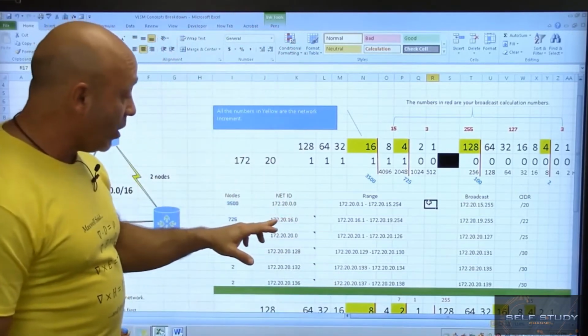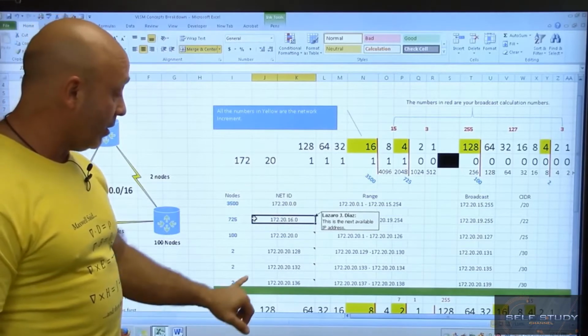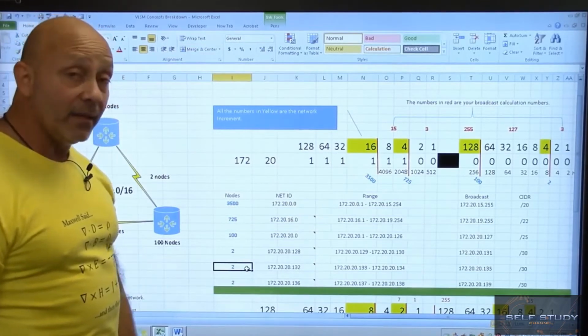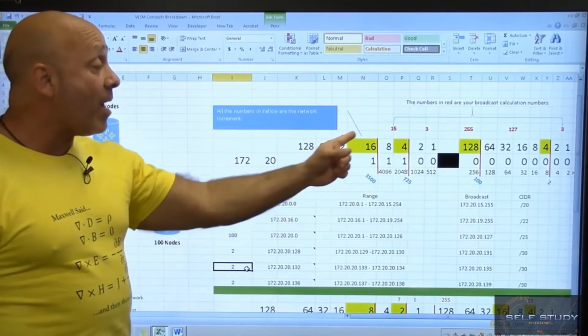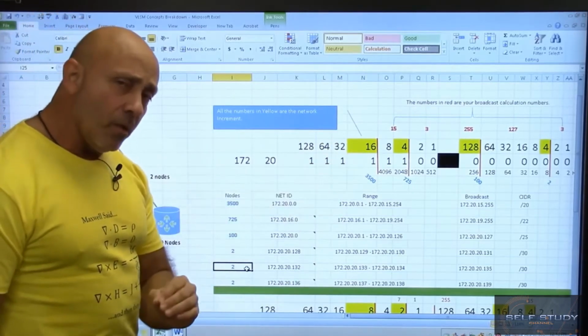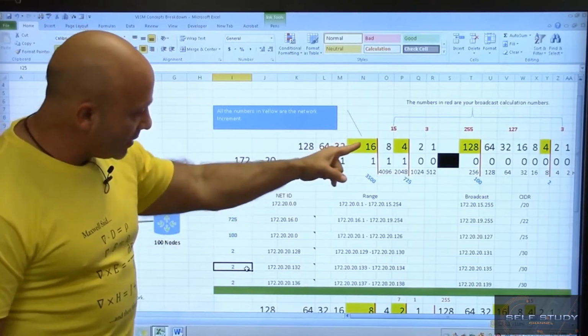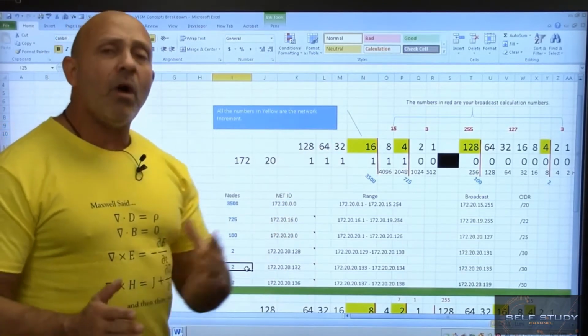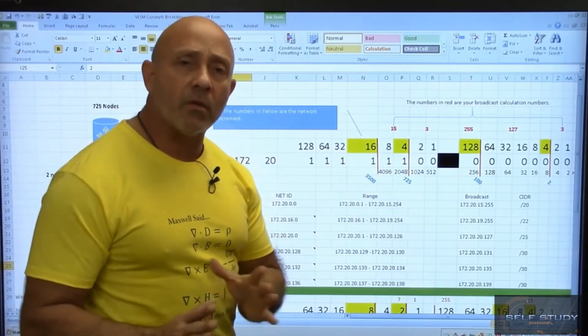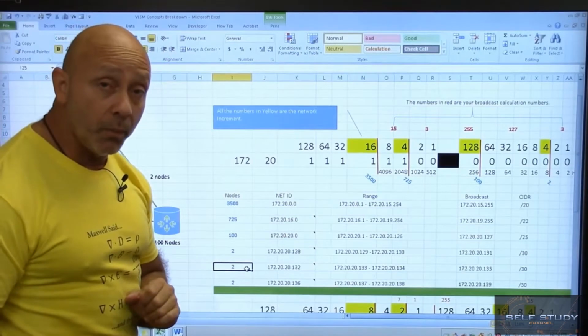Therefore, that's our next starting point, 16.0. Which now we can use that network increment, that yellow number, to verify if that's indeed correct. And you see you got 0 and 16, 16. So a cross check. That's all it is. It's a cross check.